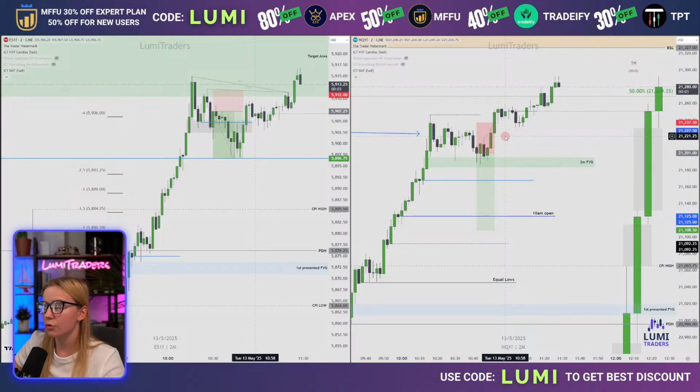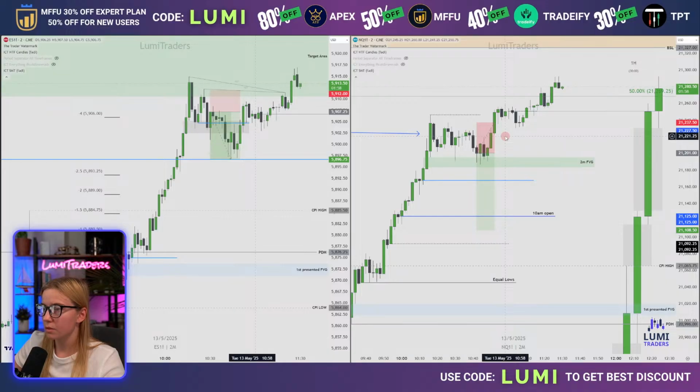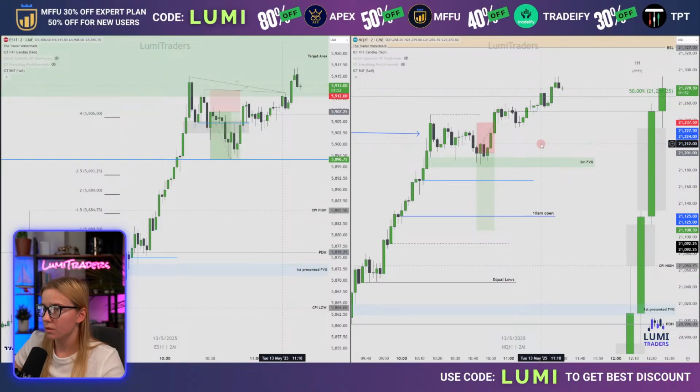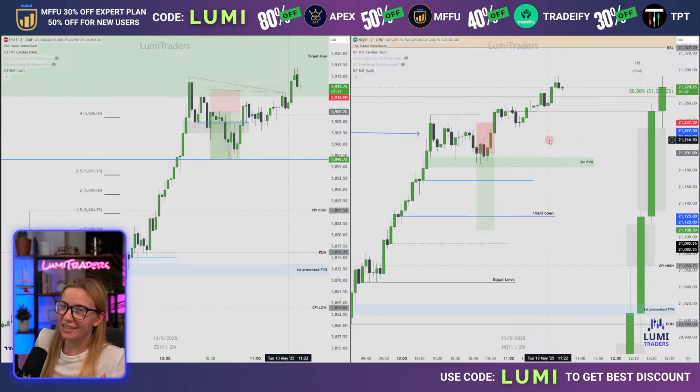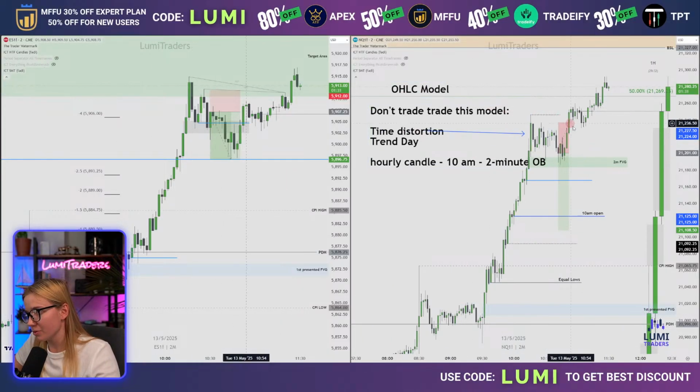I only saw he trades inversion fair value gaps. You know, that's why I said I'm not going to call this my model, because lots of people have models, they sell courses based on this, and I have no idea if I'm going to find something similar. So it's just like open, high, low, close model.